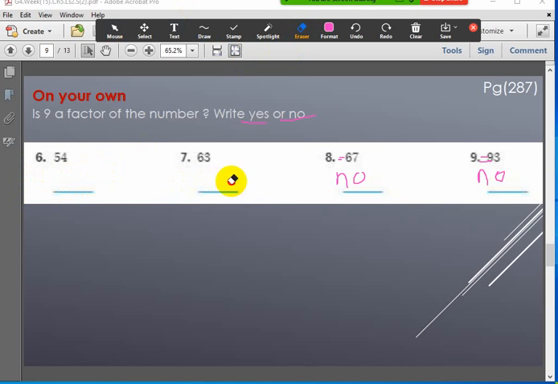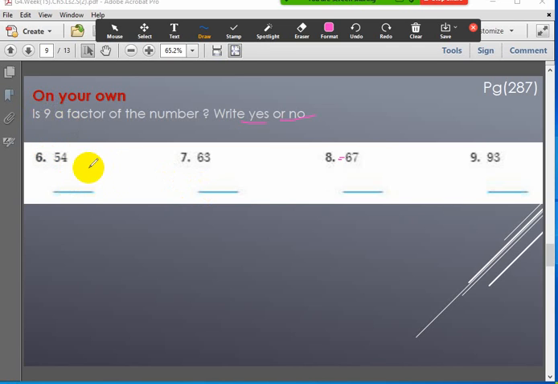Okay. So now number 6. I will erase this. Also, I have to answer with yes and no. That means I want to know if 9 is a factor of this number. I will have to know from the divisibility rules if this number is divisible by 9 or not.